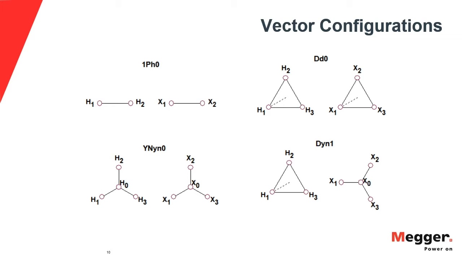I'm showing you here in the slide just a few examples. By no means are these the total number of possible vector configurations for a three-phase transformer. We go from one phase to a delta delta, a YN0, and a DYN1. Again, just a few examples.